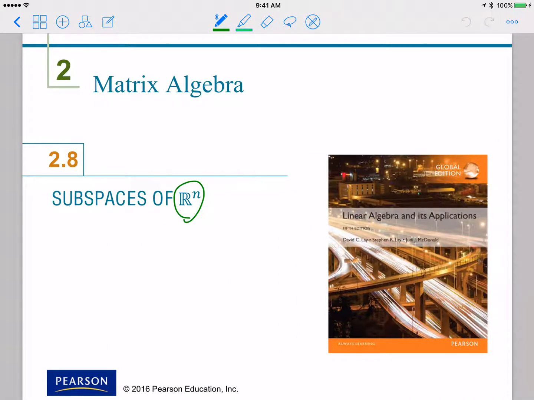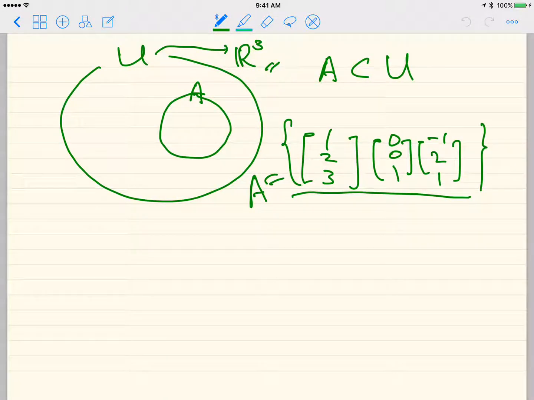But the title of this chapter is subspace. Okay, so what is a subspace, and what is the main difference of the subspace against the subset? Okay, so in the case of a subspace, you have to satisfy several additional constraints.